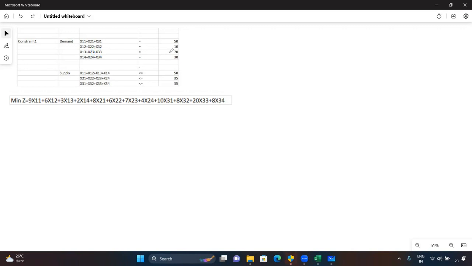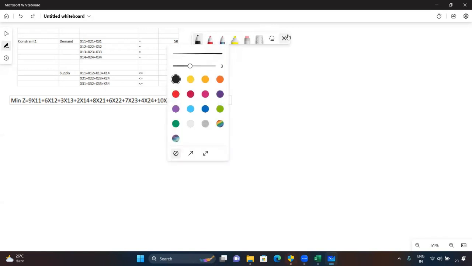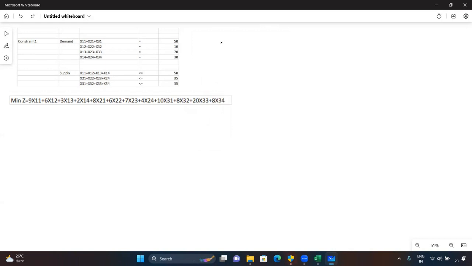Okay, so here we can write for the demand constraint summation, because anyway we are doing the sum, right? Here you can see the addition sign. So this is summation. Now what is changing? Our source is changing.